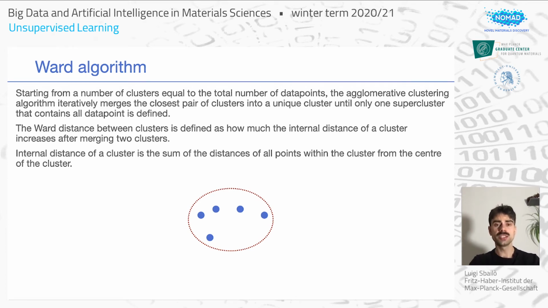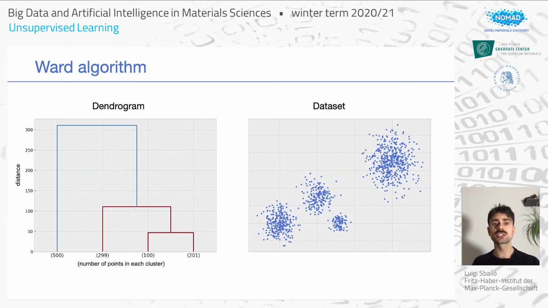What we are interested in is how the algorithm varies for different levels. So we would like to see how the different clusters are merged into each other. What are the interconnected dependencies of all clusters? And for doing so, we have a dendrogram. That is the most characteristic thing of the hierarchical algorithms.